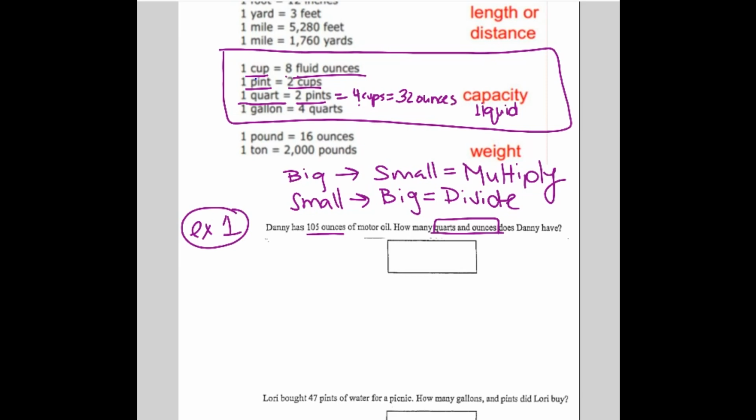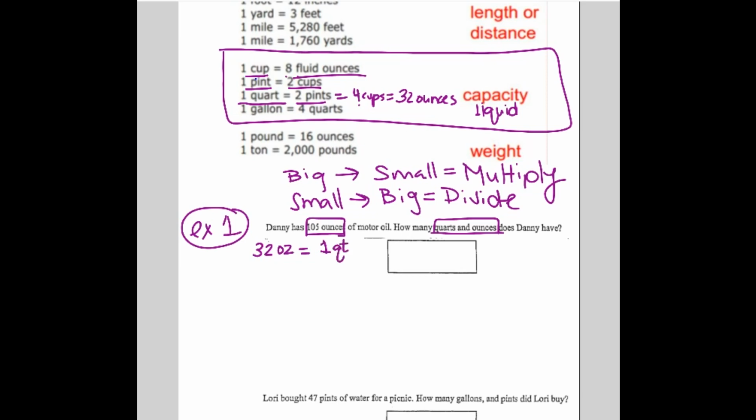Okay, so it looks like we got it. I have my quart to ounces. So now I'm going to say 32 ounces, because remember, we have to do it the way that we see it in the problem. So I have to go from ounces to quarts. So 32 ounces equals 1 quart.